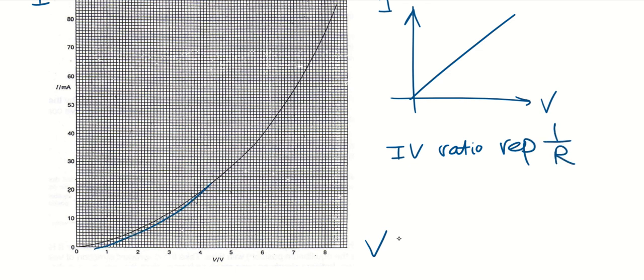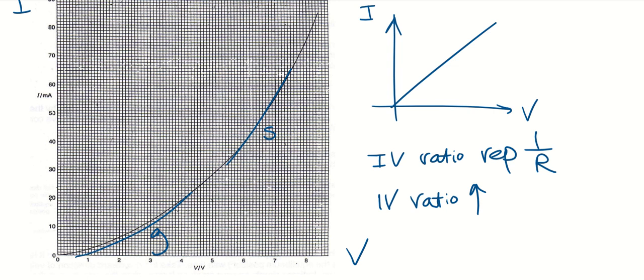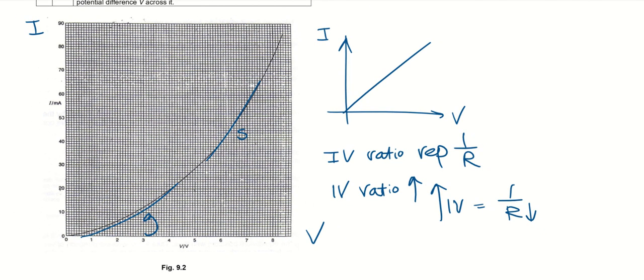You find that the IV ratio actually goes from gentle to steep, less to more. So the IV ratio increases. And since the IV ratio represents 1 over R, if my IV ratio increases, that means my resistance has decreased. I hope you can see from this diagram.